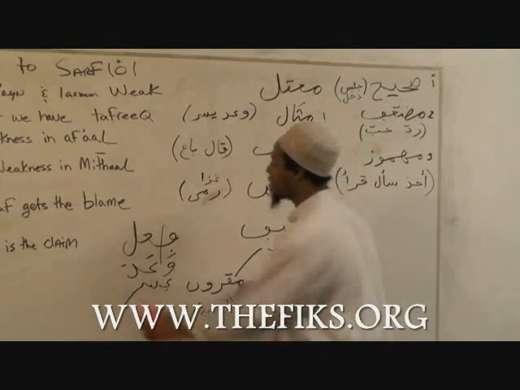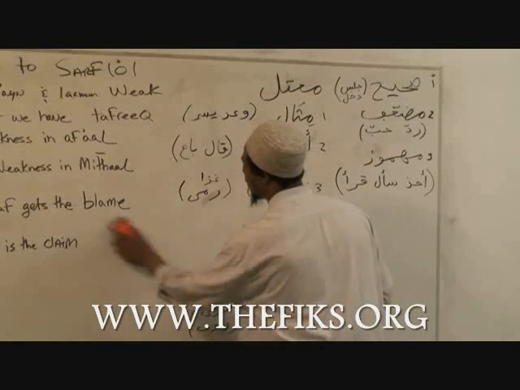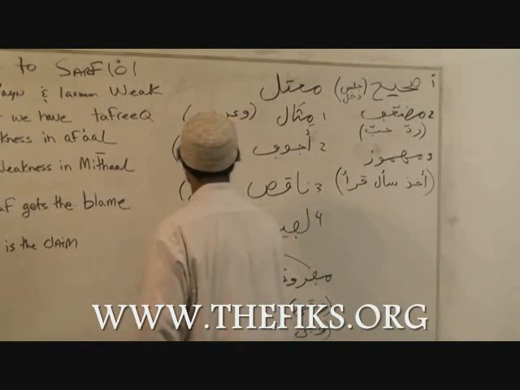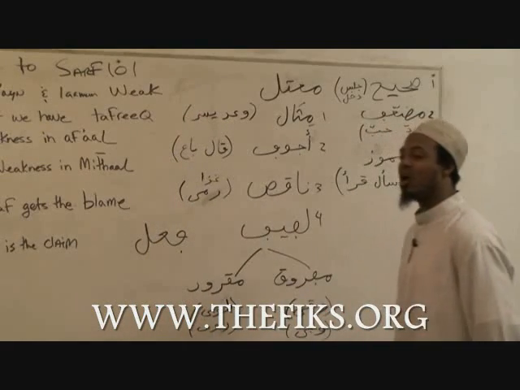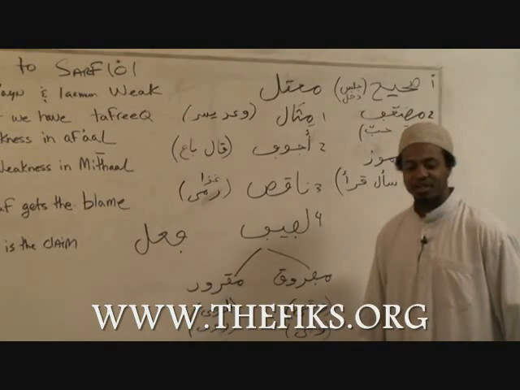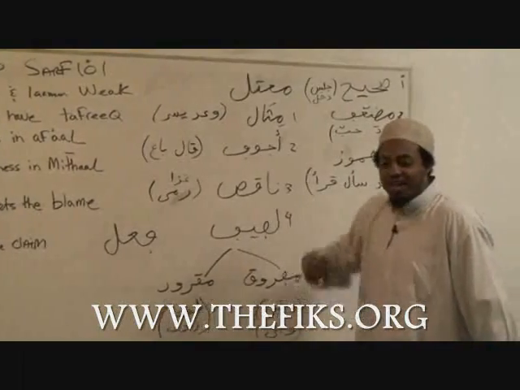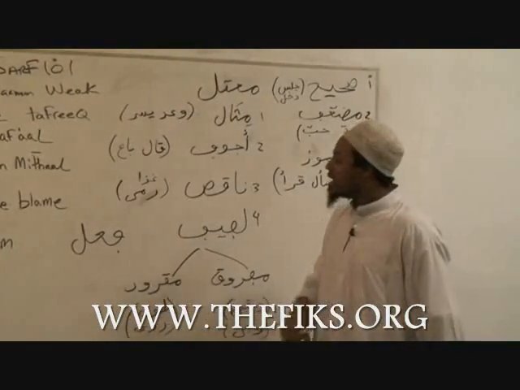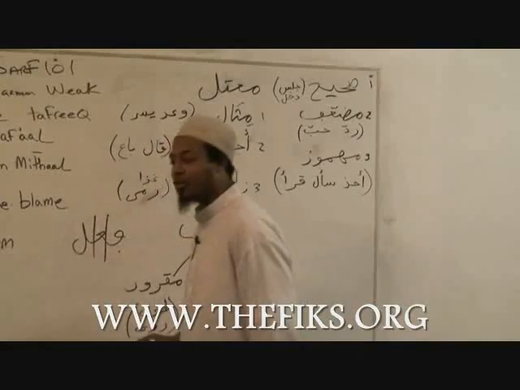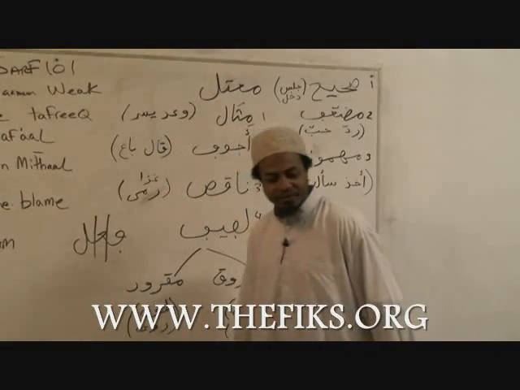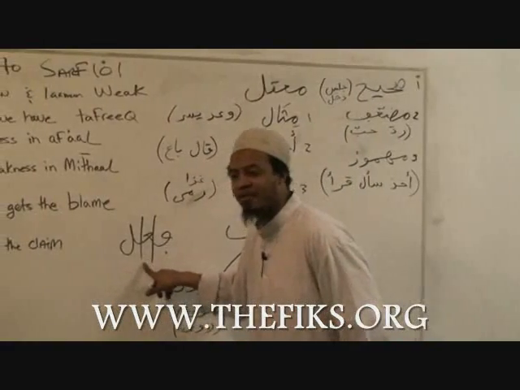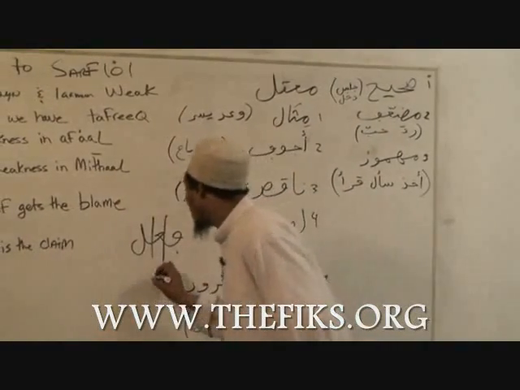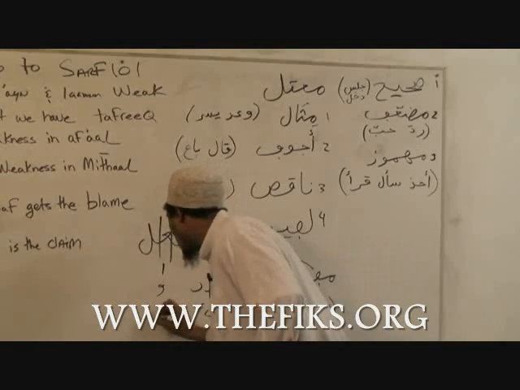The next type of fi'lun, we're talking about the mu'tal, on the fa'ala scale, is what we call the ajwaf. It's from jawf, meaning center, the stomach, because the stomach of this fi'lun is the ain. It's called ajwaf when the ain of the fi'lun has a weak letter from the alif, waw, or ya.